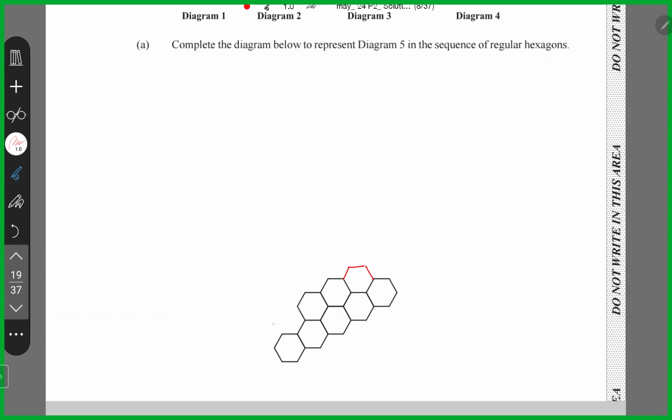Need to complete this side. Right. We need to put on another one here.